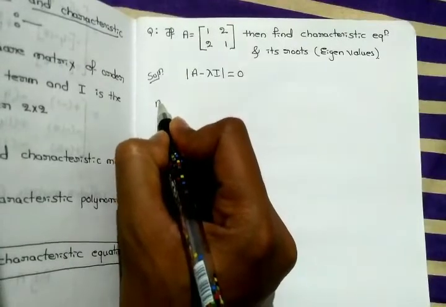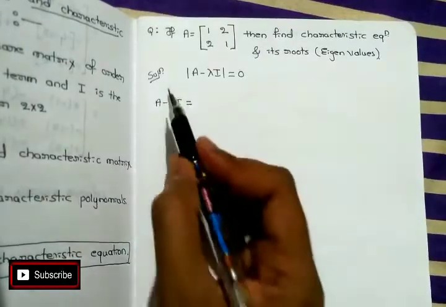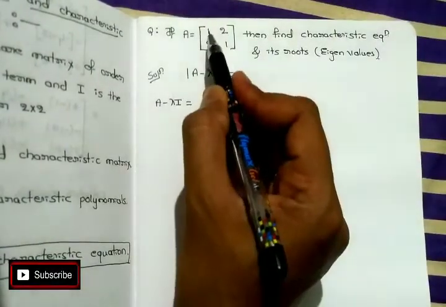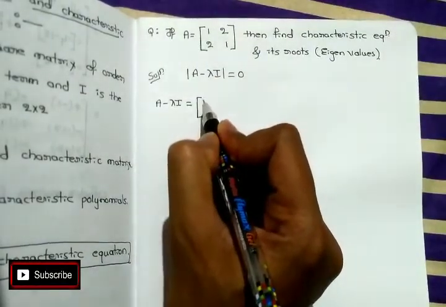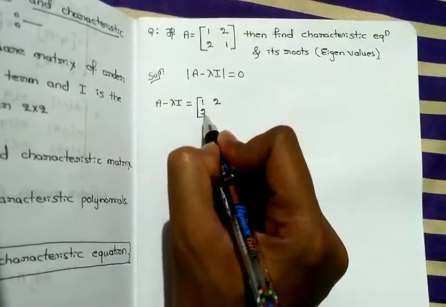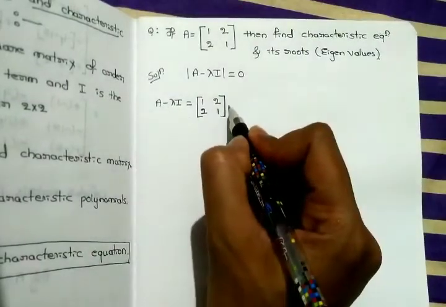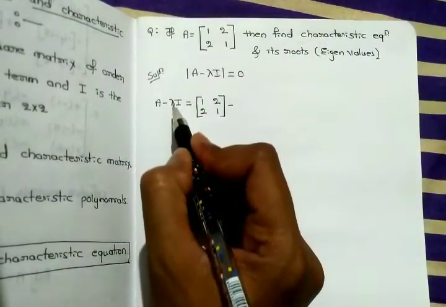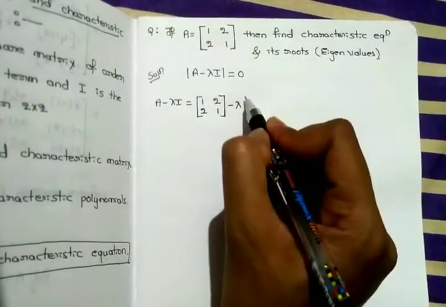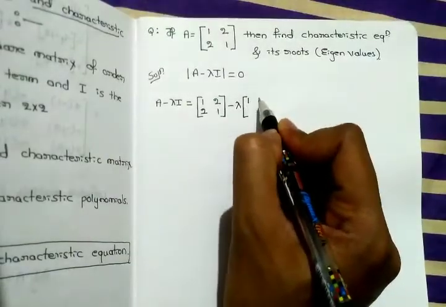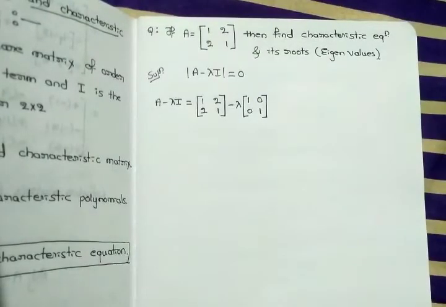First, A minus lambda I equals A, the given matrix, which is 1 2 2 1. Next minus, then the constant lambda, and I means the identity matrix, that is 1 0 0 1.